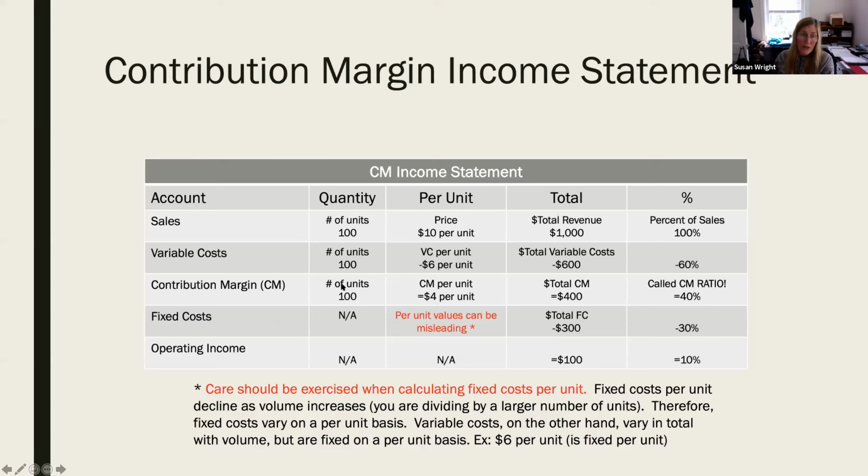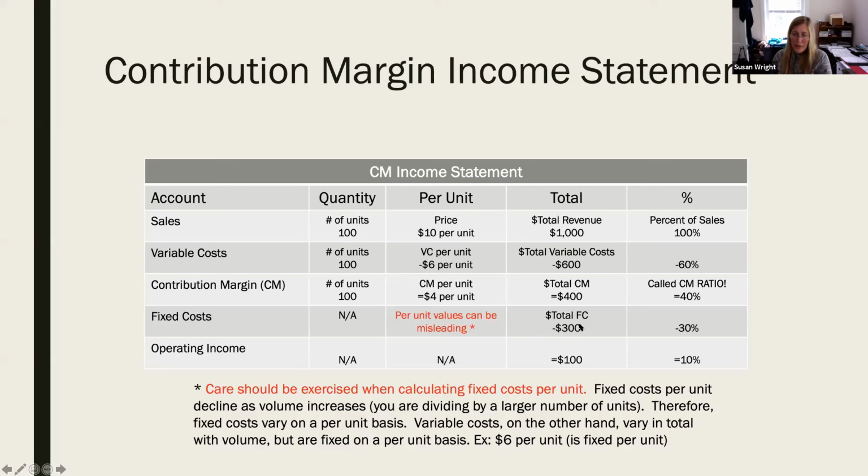The number of units can change, so we can sell more. We can sell 200 units, which would make this total go up, but the slope on the line is $10. Every time we sell one unit, we make 10 bucks. Every time we sell one unit, it costs us $6 in variable costs. So we make $4 every time we sell one unit, and that's before we consider fixed costs. All right, so we don't do any per unit. I'm going to talk more about this in a second.